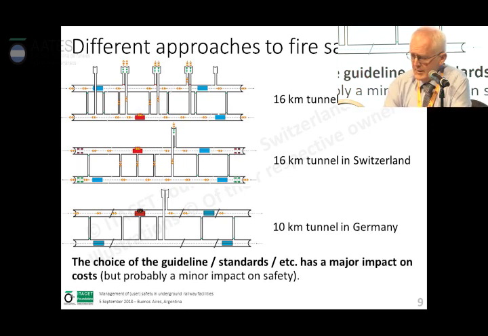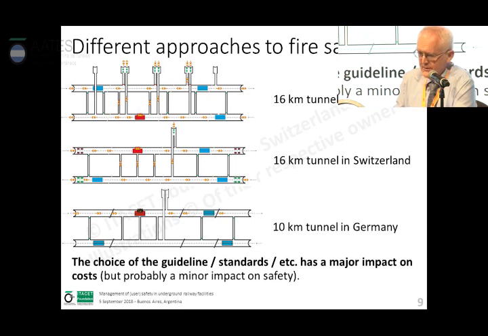Here you see an example. This is now not metros, but long-distance high-speed rail. You see 3 examples of tunnels. The top one is from the UK, the HS2 project. That's one 60-kilometer long tunnel. In the middle, there is a 16-kilometer tunnel from Switzerland, and at the bottom, there's a 10-kilometer long tunnel in Germany.